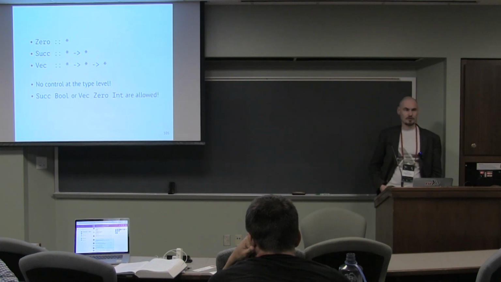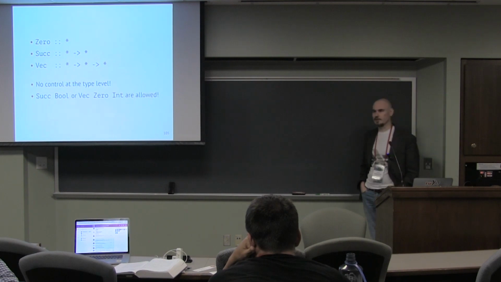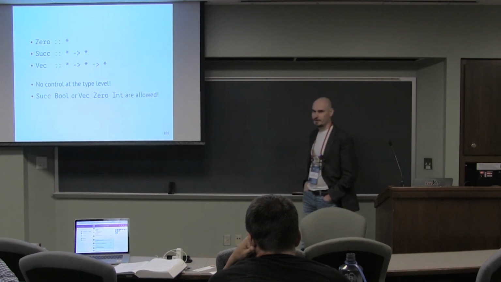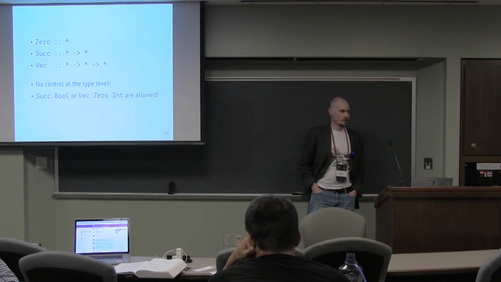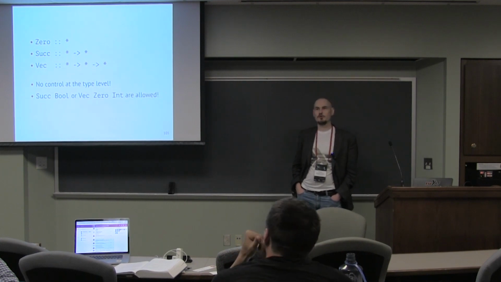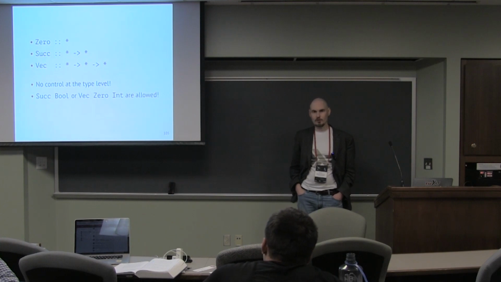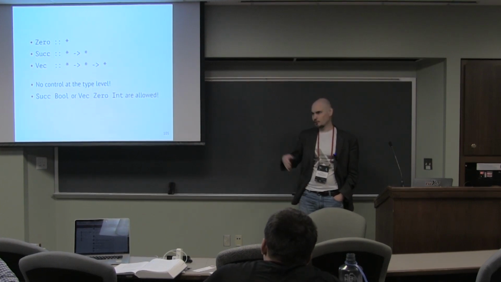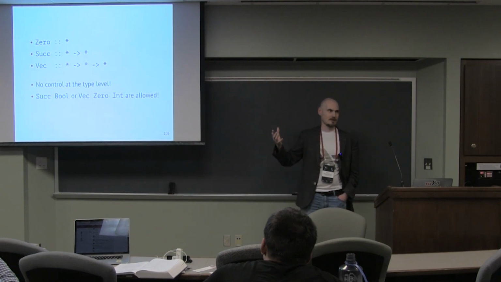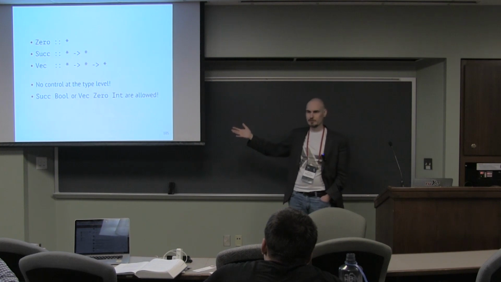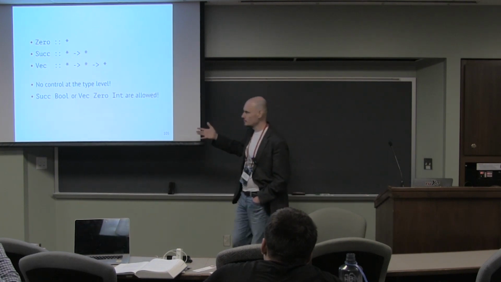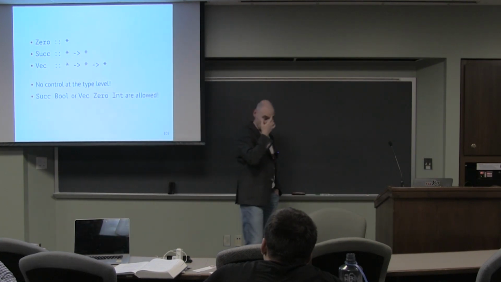So we can do very strange things, like suc of bool, or vector of 0 int, and something like that. So we have very good control for the types of our values, but we have no control for the types of our types. There is just one kind, star, and we can put whatever we like into these slots. So that's not a good idea.